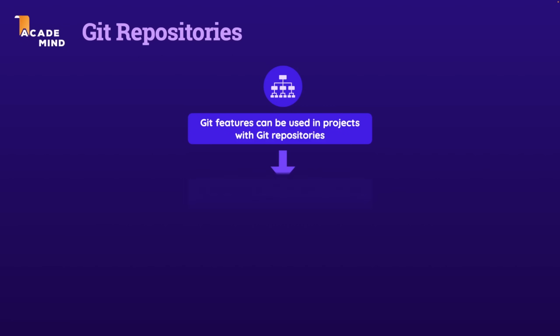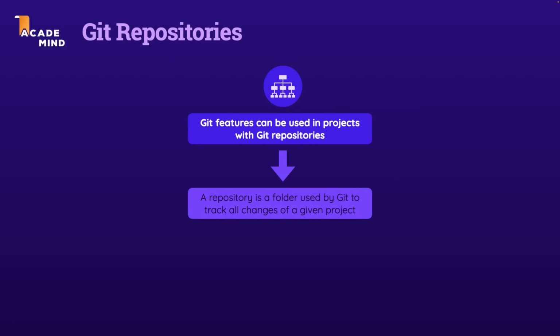And a repository simply is a folder that's part of your project folder that in the end is used by Git to track all your code changes and store all your code snapshots, you could say. It stores all the metadata that's needed by Git to allow you to jump back to older snapshots, for example. And Git commands are only available in projects that have such a repository attached to them.